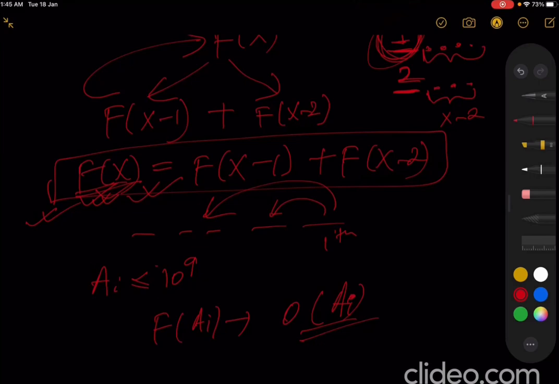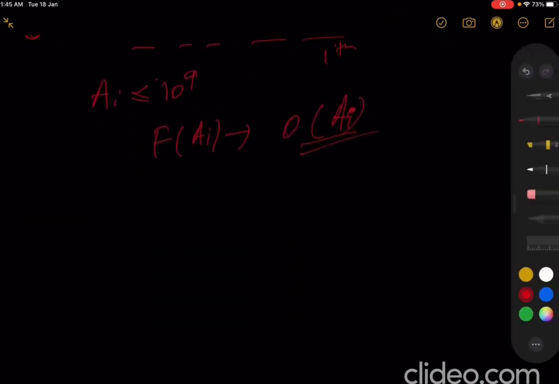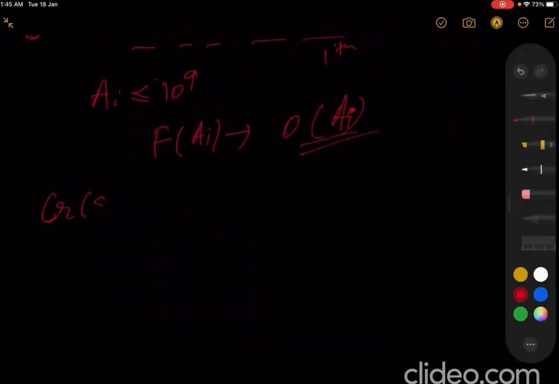But we don't even need to calculate f of x. We need to calculate something known as g of s. So what is g of s? g of s is basically f of 1 plus f of 2 plus up to f of s. We need to calculate this.